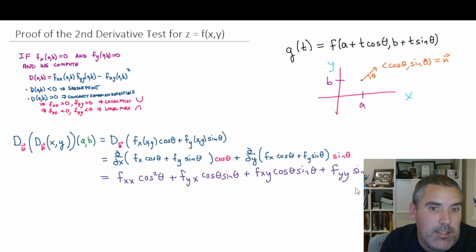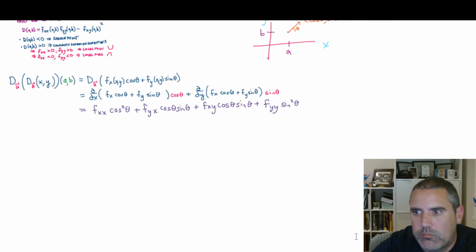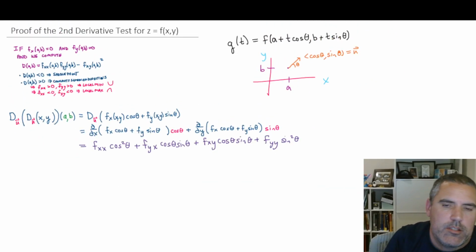Basically, you could say this is our second derivative test, is we run through all the angles. We run through all the angles. We figure out, is this always positive or negative? So we're trying to see, is this negative always? Or does it change? Is this positive always? What can we say?